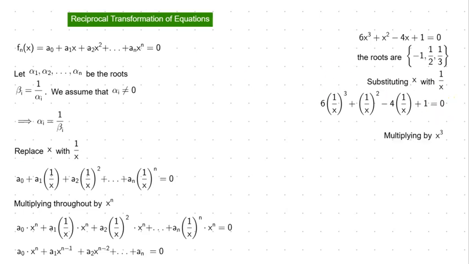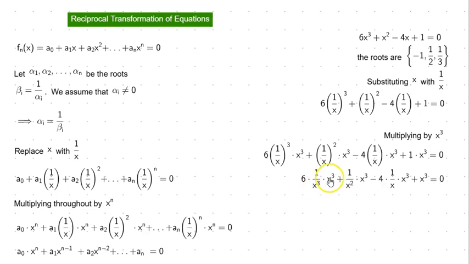Now we start simplifying it. Multiplying by x cube, we get 6 times 1 by x cube times x cube and so on equal to 0. Now simplifying, x cube gets cancelled, x square and x cube gets cancelled so that in the numerator we have only x square and so on.